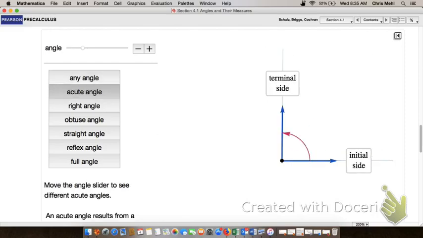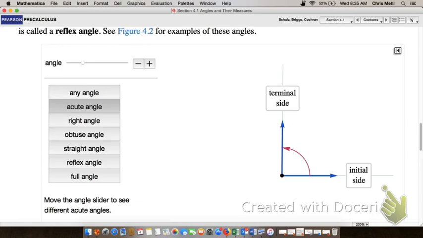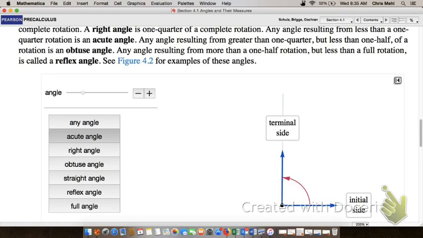An acute angle is one that results from a rotation that is less than 1/4 of a complete counterclockwise rotation. We're going to see later that this is an angle that is anything less than 90 degrees or pi over 2.